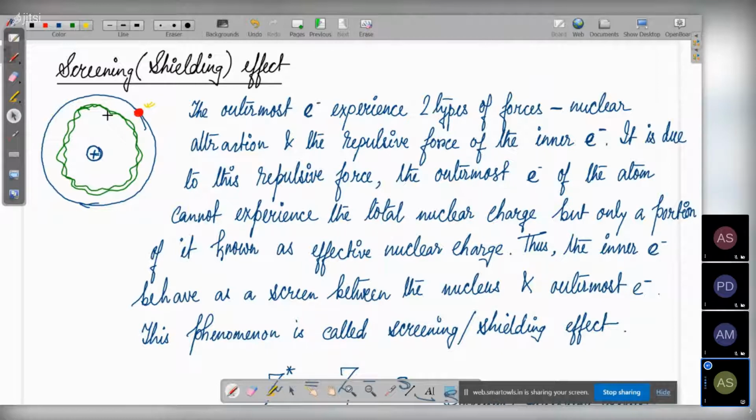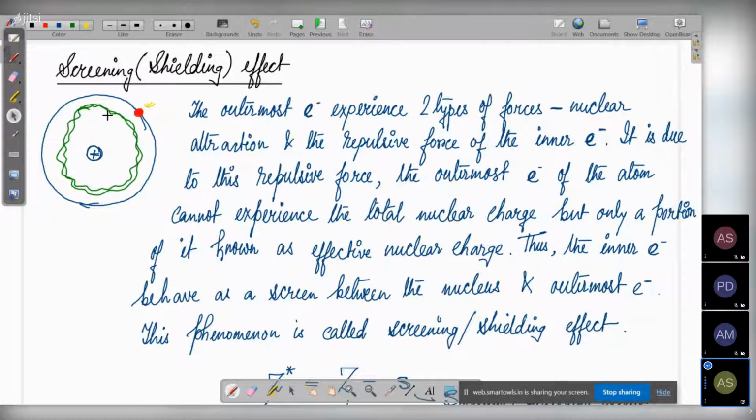No one wants to share their place with one another. So the moment the outermost electron tries to come close to the nucleus, the inner electrons will repel it away.